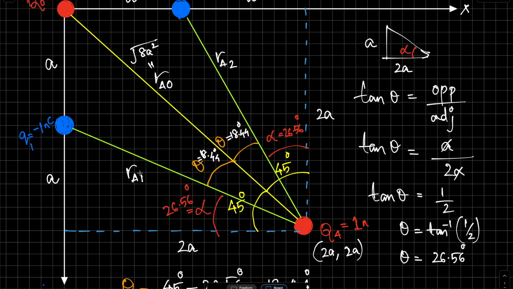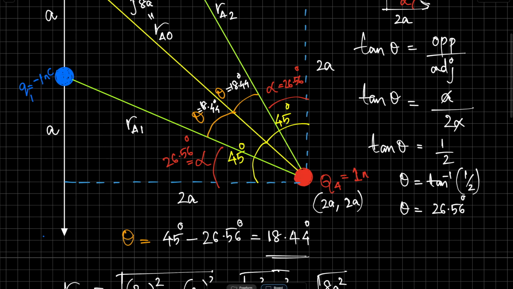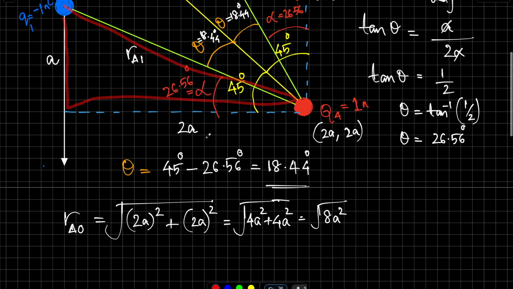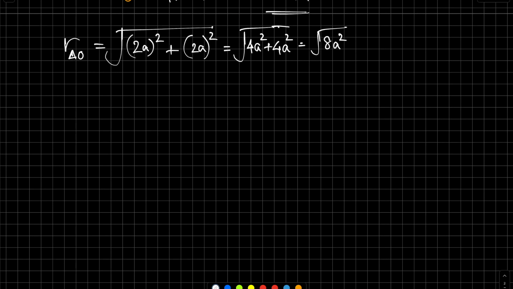Now I'm going to find RA1. I'm going to consider this small triangle now. I'll draw it here. It's a right triangle.